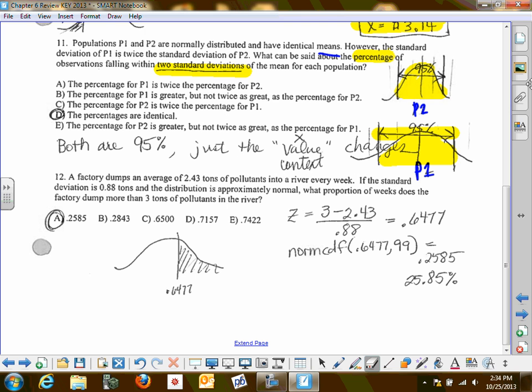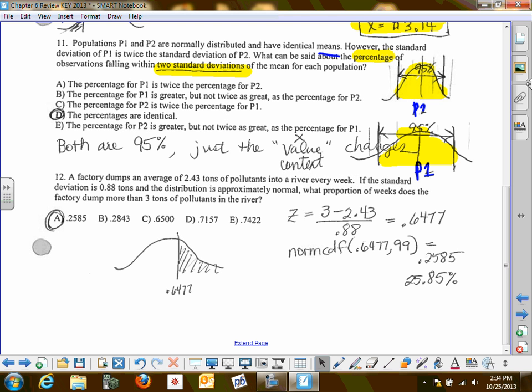Now, what's going to be different about those two curves? The mean's the same, but the spread is different.